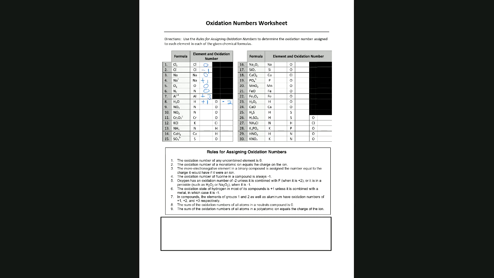So I'm going to call on somebody and we'll see what we get. Delaney, what do you think the oxygen is going to be in this polyatomic ion? This is not peroxide. It's just one oxygen.